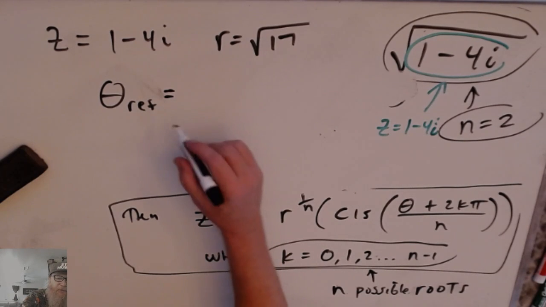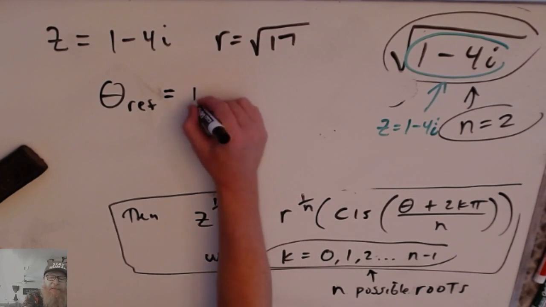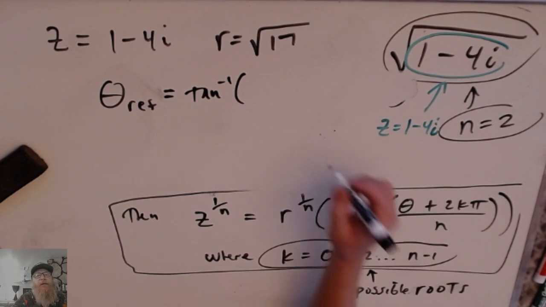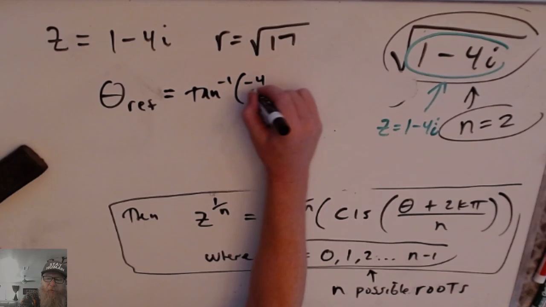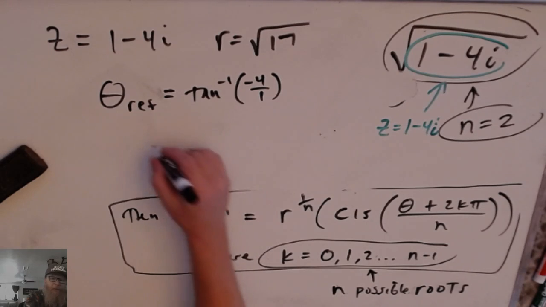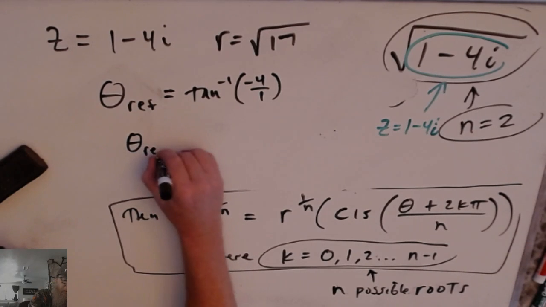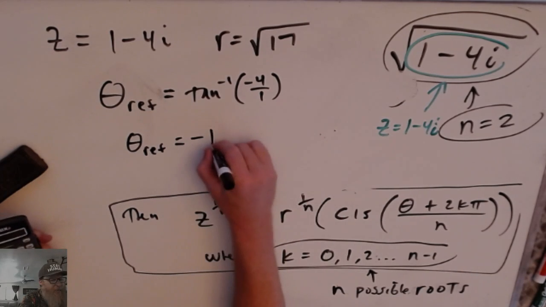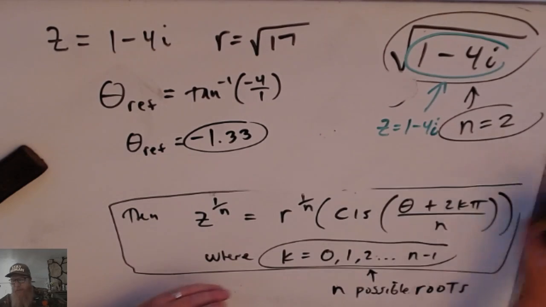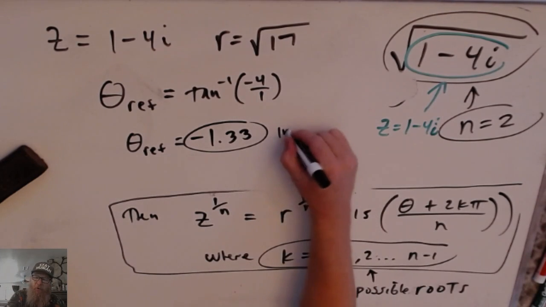So the theta reference angle would be tan inverse of negative 4 over 1, or just tan inverse of negative 4. So theta reference, or reference angle, now I wish I just would have used a hat, is negative 1.33 radians. It's in quadrant 4.